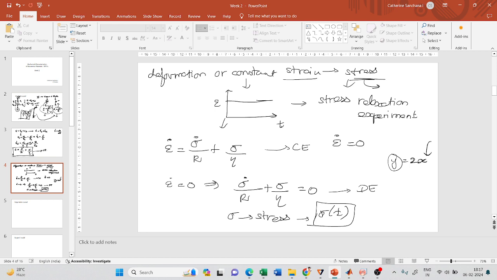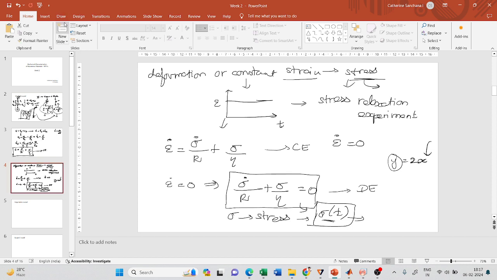We already saw that viscoelastic material is a time dependent material. So even if I'm going to apply a constant strain to the material, my stress is going to vary with time. That is why this equation has to be solved. So if I solve the differential equation, I will get the response of the material as a function of time. Okay, so this is what I want.